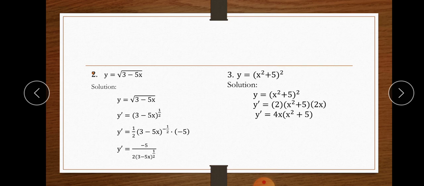Example number 2. Y equals square root of 3 minus 5x. Solution.